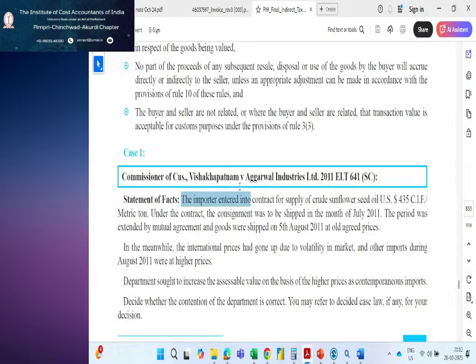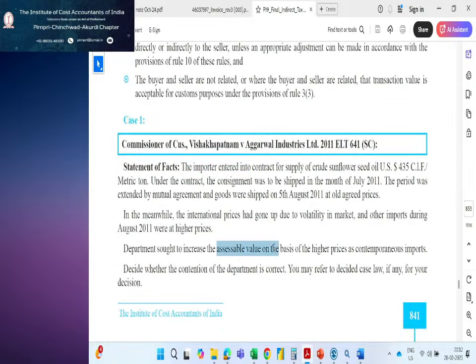The period was extended by mutual agreement and it was shipped on 5th August. The international prices went up due to volatility in the market, and other imports during August were at higher prices. So this is a good case law. When they agreed, the price was less, and due to market conditions the price increased. So the department sought to increase the assessable value on the basis of higher prices.